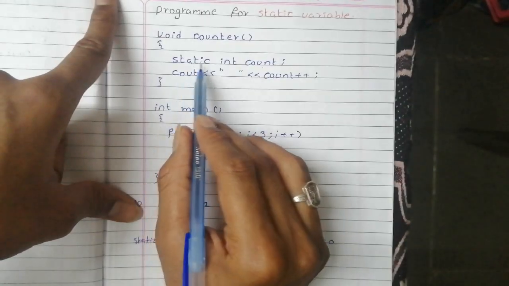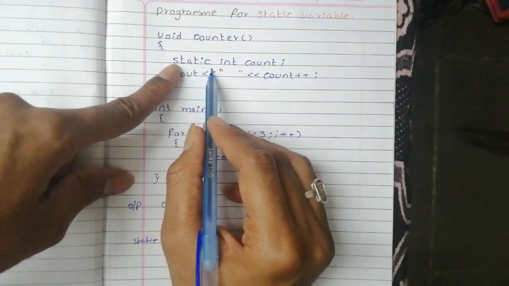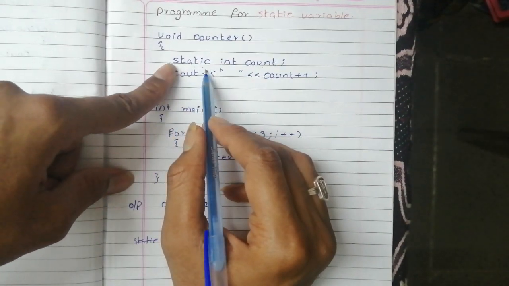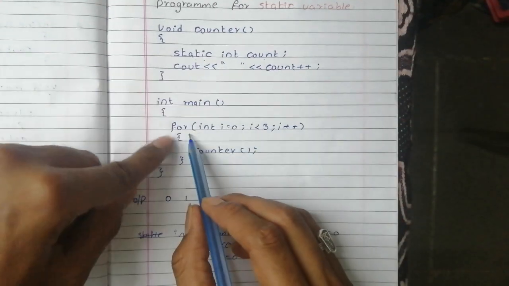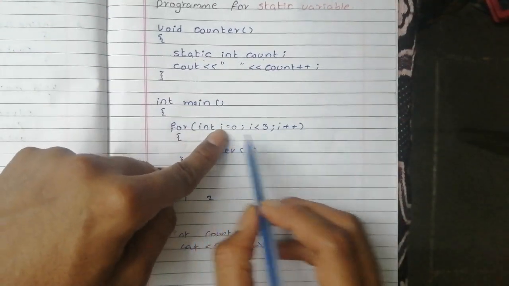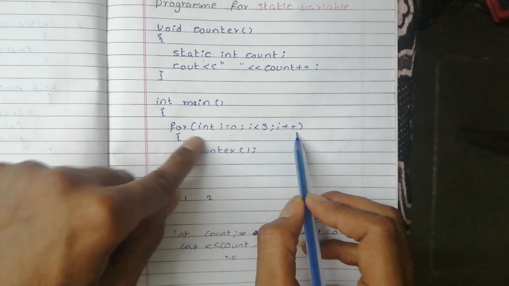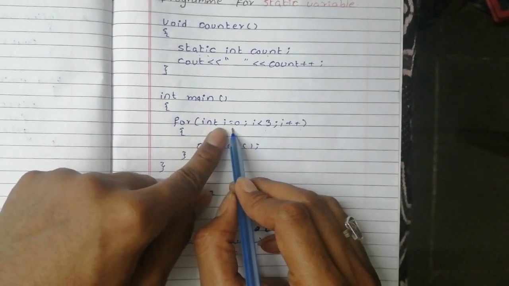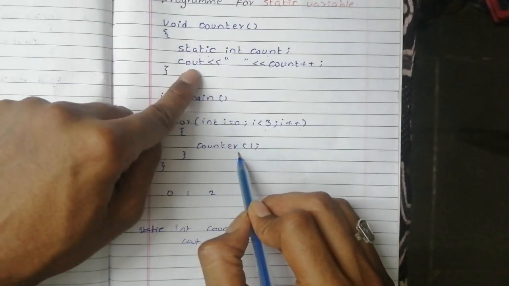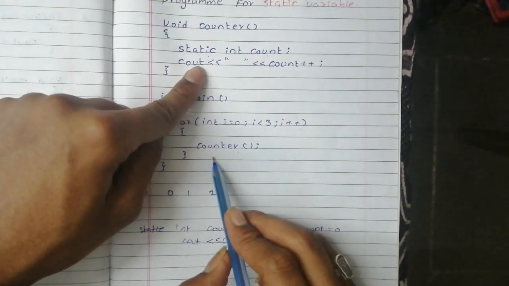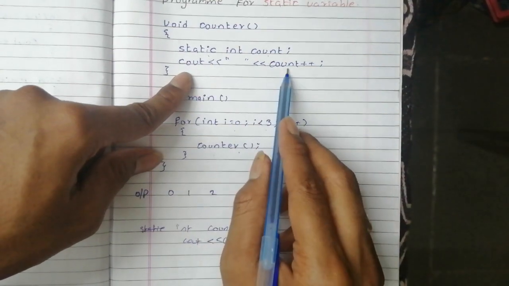So this is one use of static. Another use of static is that it restores its value. Here, for i equals 0, the first call to counter happens, and the function is called and prints count.